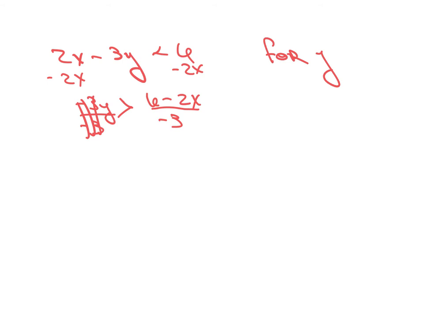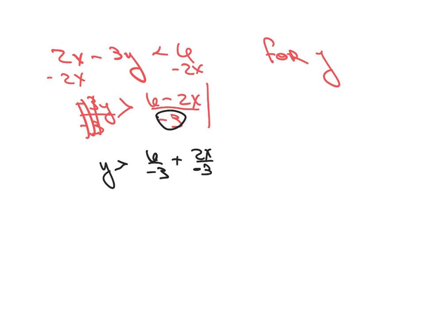Okay, so I'm going to see, maybe I can simplify this a little bit. And one of the ways that we simplify, and this is old stuff, is we put this negative 3 under each term. I put negative 3 there.